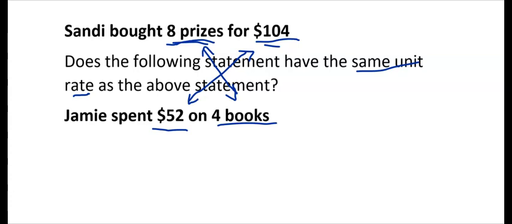And so if you divided 104 divided by 8, that would be 13, or 1 prize for every $13. If you take $52 divided by 4, that would also get you 13. So 1 book for every $13. So that would definitely be the same unit rate. So the answer for that would be yes. That's how you would get that answer.